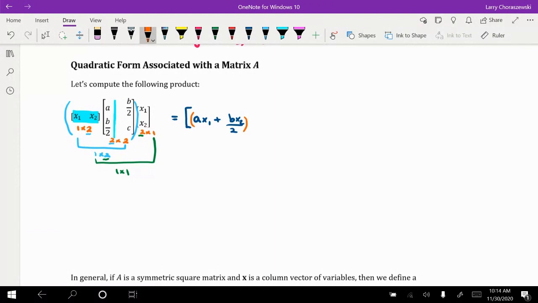And right after this is going to be our second entry, in which case we take the row vector x sub 1, x sub 2 and multiply it to the second column. So that's going to be x sub 1 times b over 2, or bx sub 1 all over 2, plus cx sub 2. And that is our second entry in this 1 by 2.